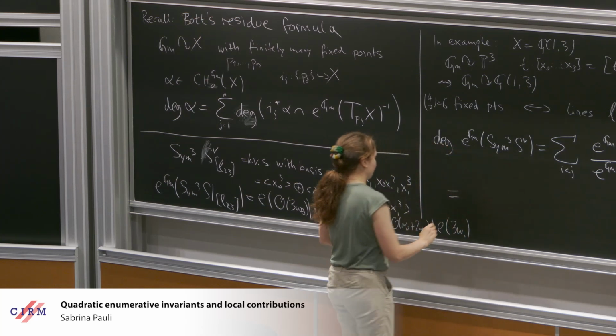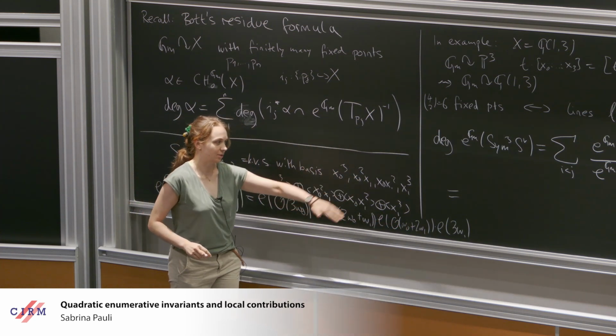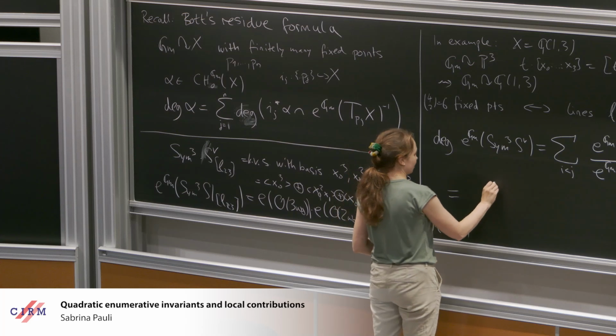So this is just 3W0, this is 2W0 plus W1, and so on and so forth.